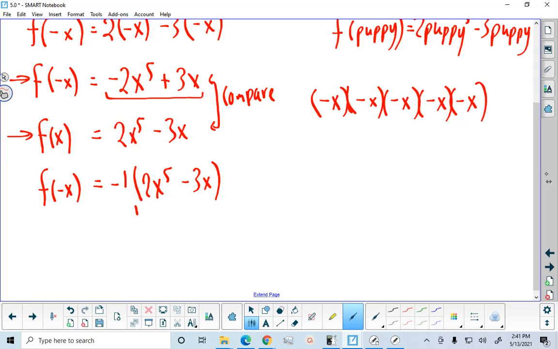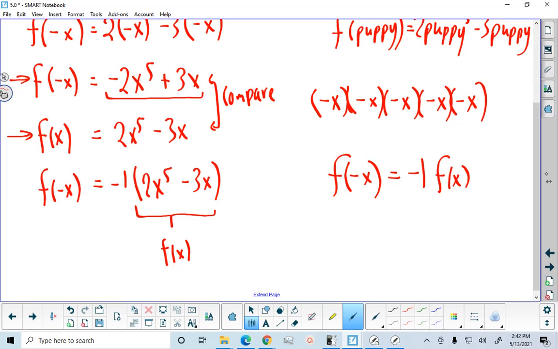But this, without the negative 1, is f of x. Which means f of negative x gives us negative 1 times f of x, and that's the textbook definition of an odd function. We've covered every single x and y coordinate pair.